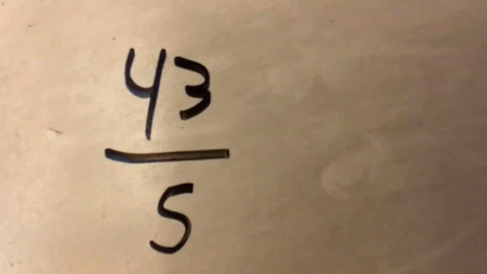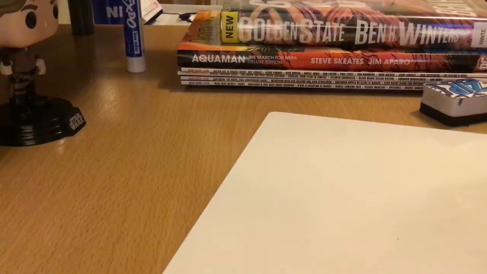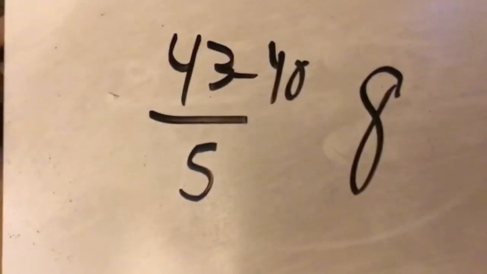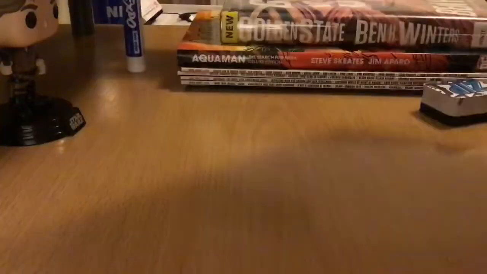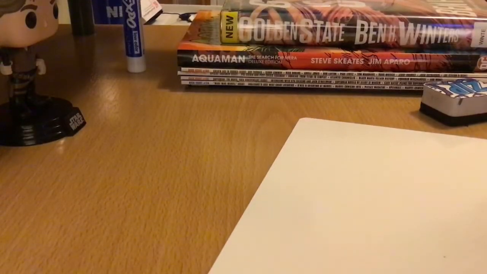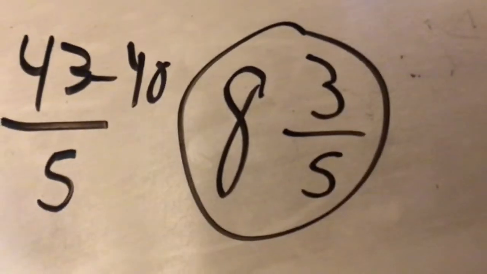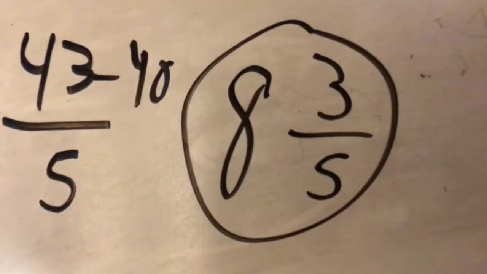Okay, good. You should have taken 43, divided it by 5, which gave you 8. 8 times 5 is 40. And then when you subtract 43 minus 40, you get 3 left. And that is still over our denominator of 5. So you get 8 3/5, right? You all got that, no problem.